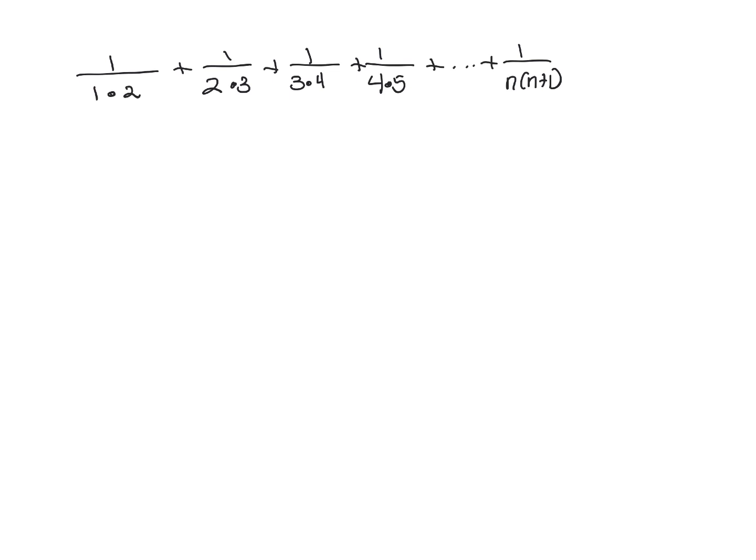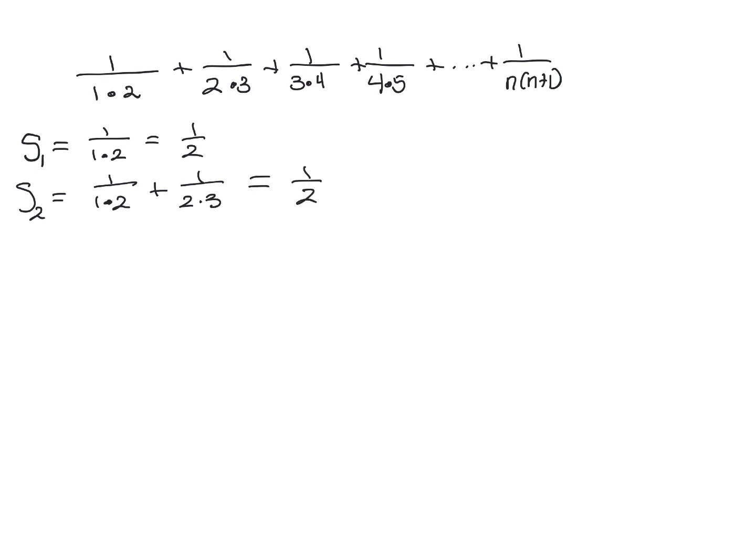So first things first, it says I have to find a formula. So let me find the formula first. So let's find it first. So my sum, if my term is 1, it's just 1 over 1 times 2, which is 1/2. My sum, if my index is 2, I have to take my first term, the 1 over 1 times 2, plus the 1 over 2 times 3.